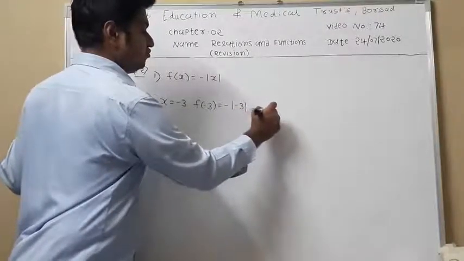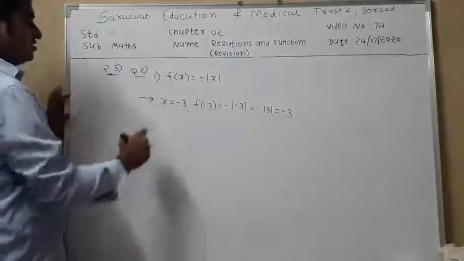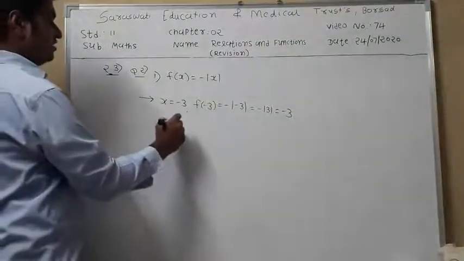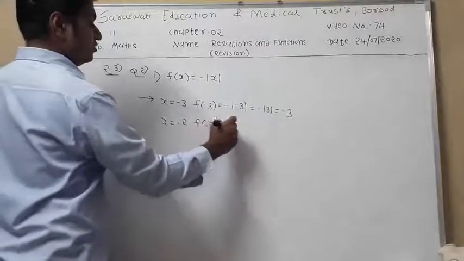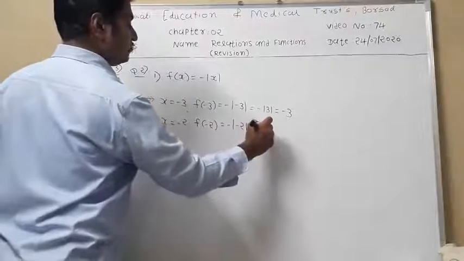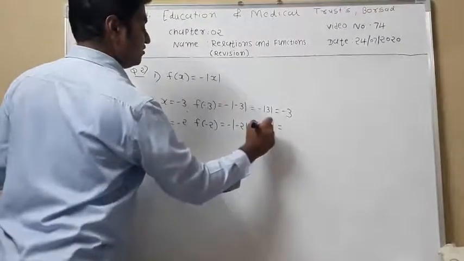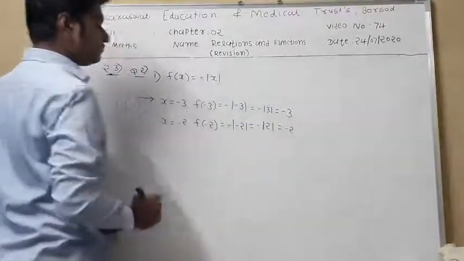So minus mod of 3 means minus 3. Second one, x is equal to minus 2. So f of minus 2 is minus mod of minus 2, that means minus mod of 2, so we write minus 2.